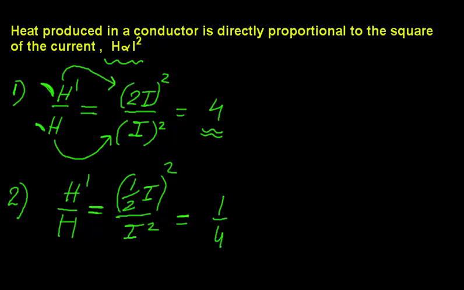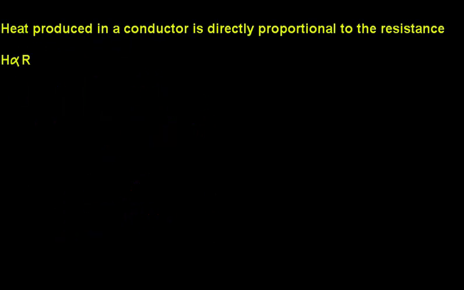So friend, in this manner we can apply lots of relations. So let's talk about another conclusion. Heat produced in a conductor is directly proportional to the resistance. So if resistance is doubled, then the new resistance will become 2R for a given current and time. So if I double the resistance, then the new heat and new resistance will have this particular relation.